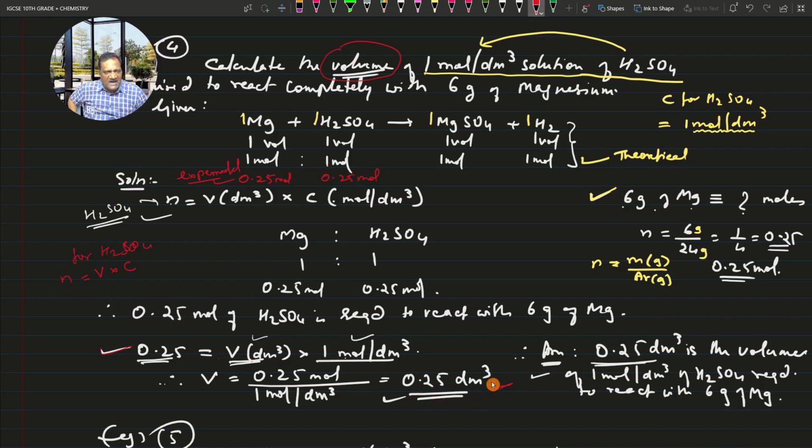So this is the answer for the volume of the sulfuric acid that is needed of this particular concentration. Okay, so our question is complete. So answer you can write as 0.25 decimeter cube is the volume of 1 mole per decimeter cube of sulfuric acid. This is the concentration of the sulfuric acid required to react with 6 gram of magnesium.